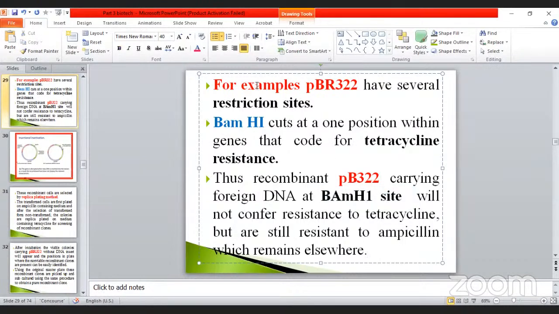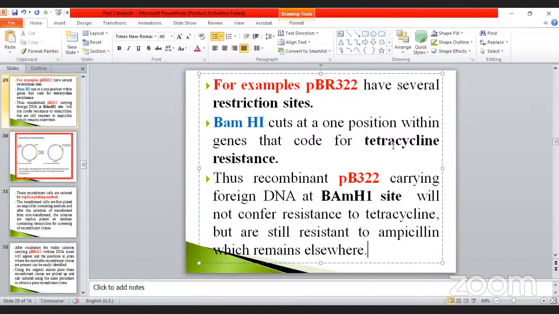When we take the plasmid pBR322, it has several restriction sites. Particularly, BamHI is a site that cuts at one position within the gene that codes for tetracycline resistance.